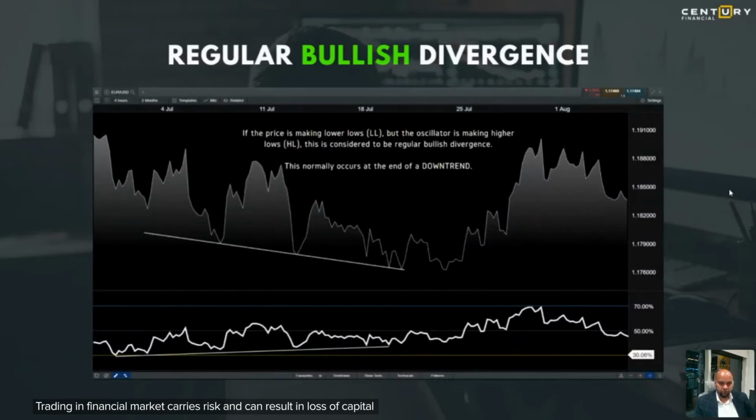Looking at the bullish divergence, here's a chart on Euro USD. It's a currency pair. Now, when you see the RSI picking up from the oversold zone, you can see in this case, the RSI touched the oversold zone.